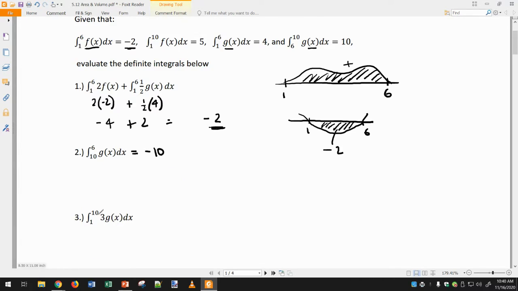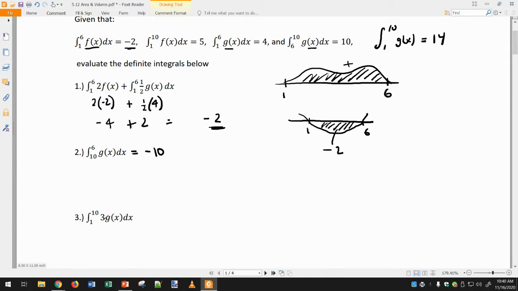So then let's do another one. From 1 to 10, 3 times g of x. So we're given from 1 to 6 and from 6 to 10. So really we could deduce that from 1 to 10, g of x must be equal to the sum of these two. Because this goes from 1 to 6, and this just picks up right where it left off. So the sum of those would be 14.